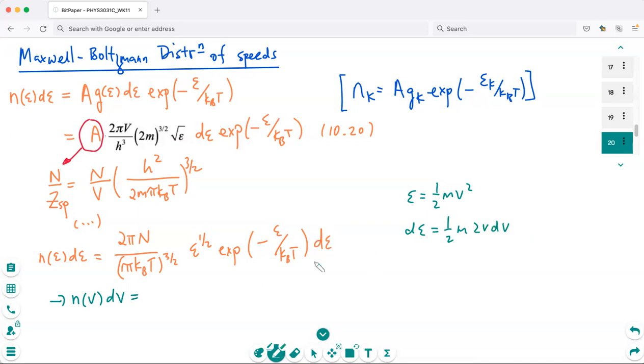Whenever you also have to treat this and plug it in, tidy up, you will get the expression I have in the note. So this is a Maxwell-Boltzmann distribution, a distribution of speed. Let's write everything.